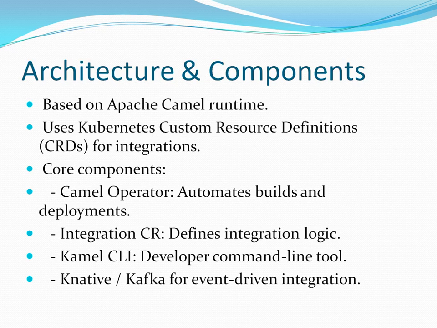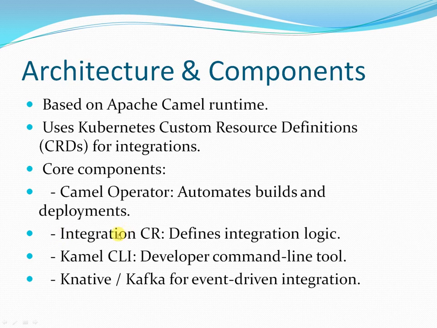And we have to have the operator, which we call the Camel K operator. We need to install that operator in the Kubernetes environment. Then it will take care of all the lifecycle. It will build the application and deploy the application as a pod in the Kubernetes environment.